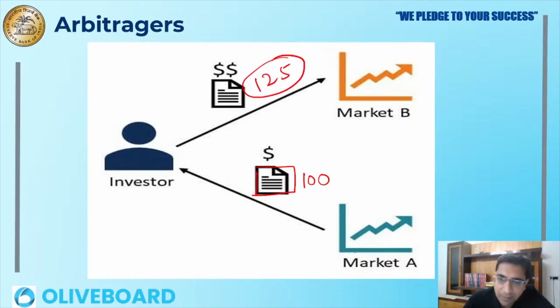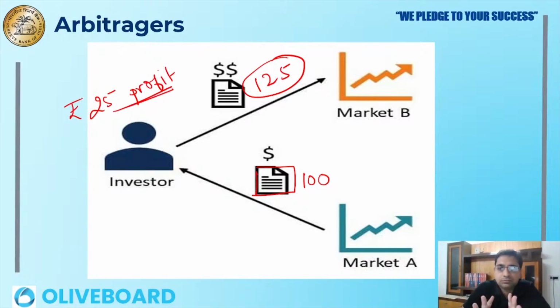So I buy from market A and sell the same paper at 125 in market B. The price differential, that is 25 rupees, I will make as profit. This is how arbitrators work. Here they are very sure of their profit. Otherwise, they will not put their money here. Until and unless they are sure, they will never put their money here. Okay, correct.